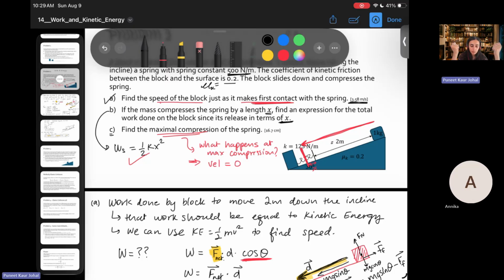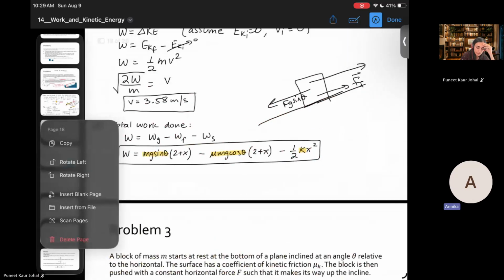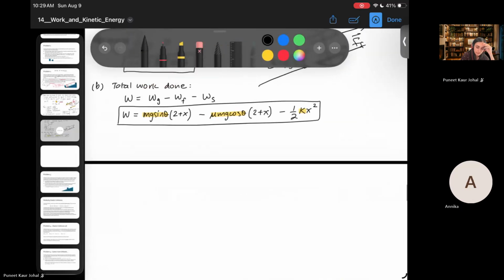so the change in kinetic energy would be zero. We said that it starts at zero, so initial velocity would be zero, and final velocity would also be zero, so the change in kinetic energy would be zero, which means the total work done should be zero.